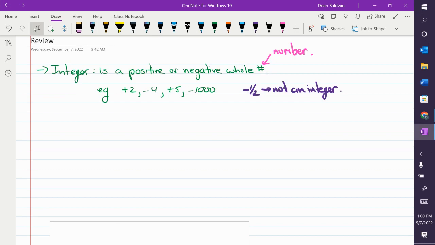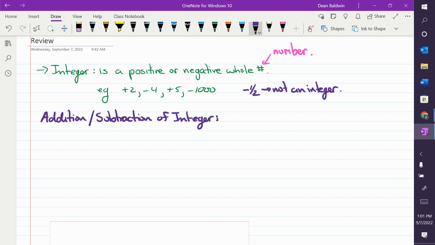Okay, so we can start with the basics. One plus 3. 4.